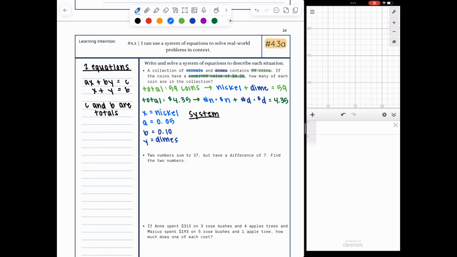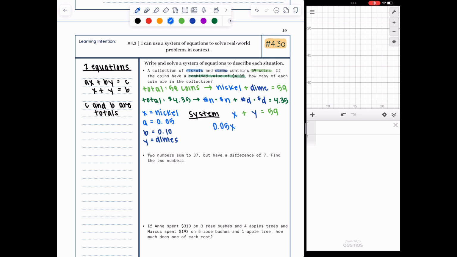So the first equation is going to be talking about the number of coins in the collection. You have the number of nickels, which I chose to be X, added to the number of dimes, which I chose to be Y, and that's going to have to add up to 59 because that's how many total coins are in the collection. The second equation is going to be a little bit more complex.